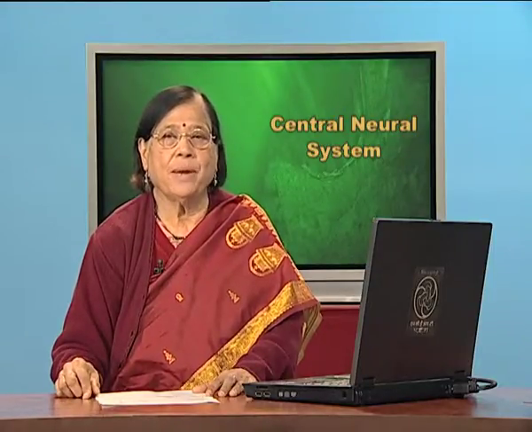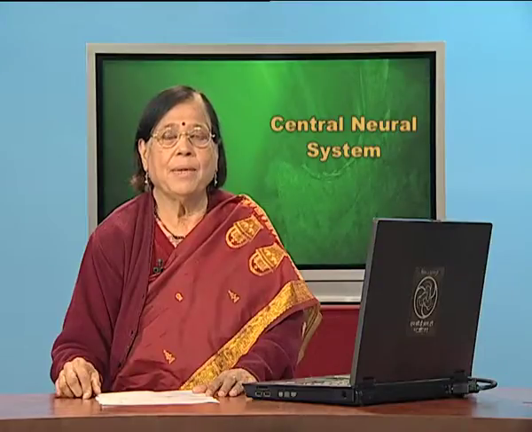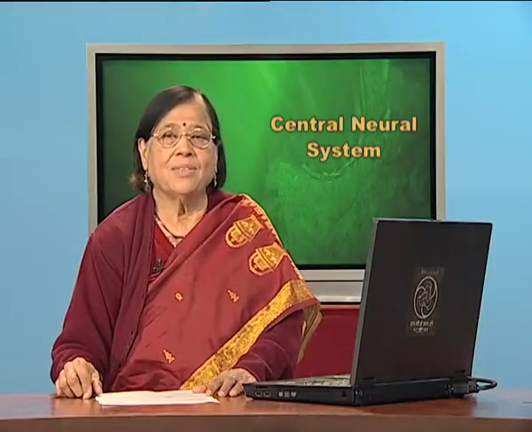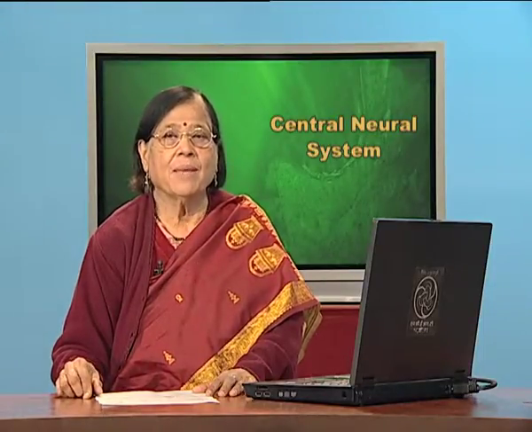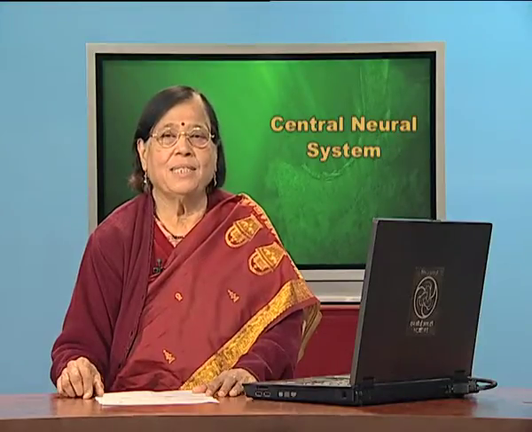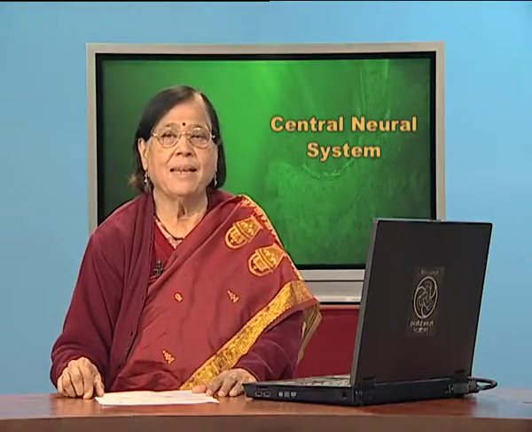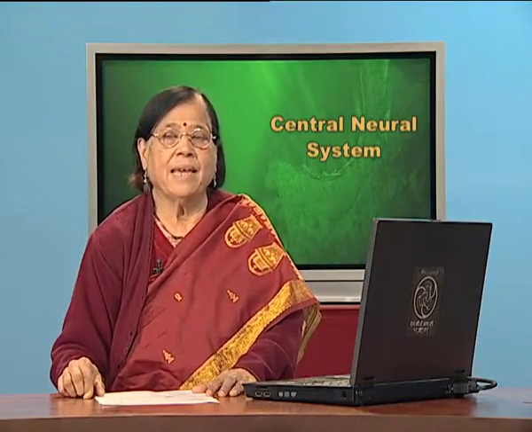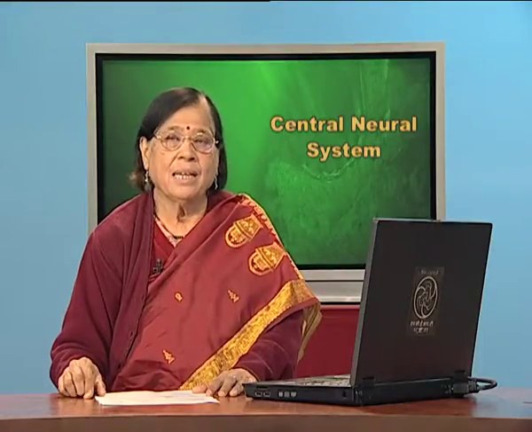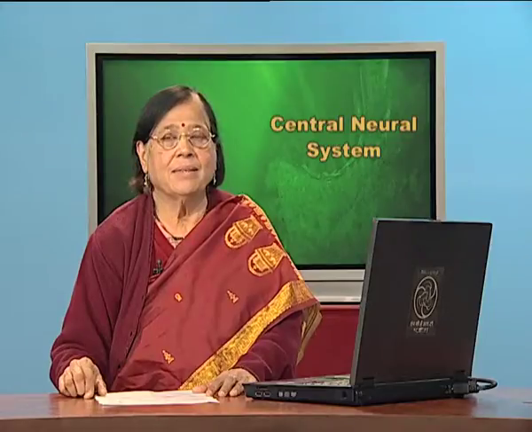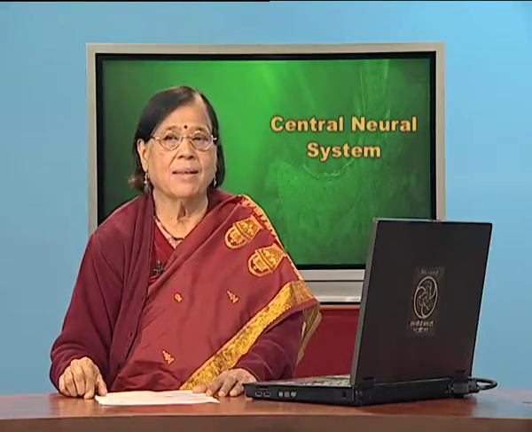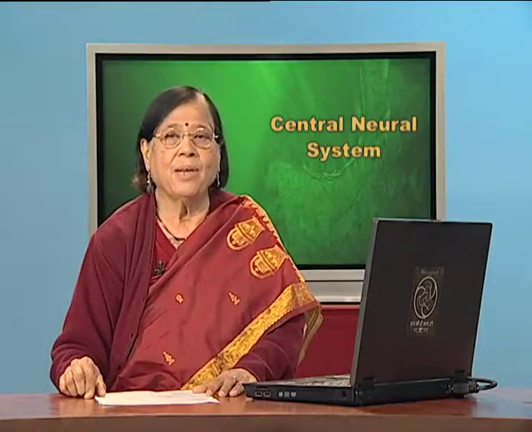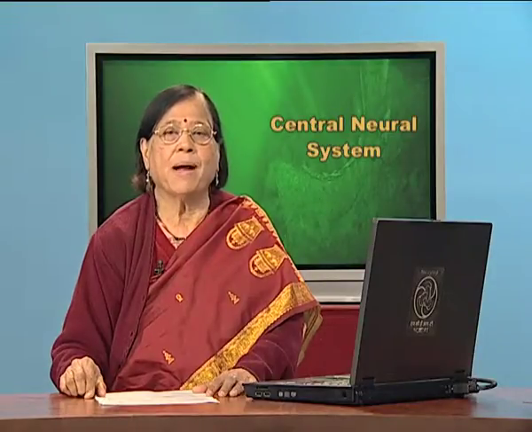So, we have discussed forebrain today, which includes cerebrum in the form of two cerebral hemispheres, the cerebral cortex, the sensory, motor, association areas, also thalamus, which is involved with sensory and motor signaling, and hypothalamus, which not only has neurosecretory centers and the pituitary gland attached to it, but also has centers to control thirst and hunger, that is, the center for hunger and thirst. With this, we come to the end of discussion of the forebrain part of our brain.